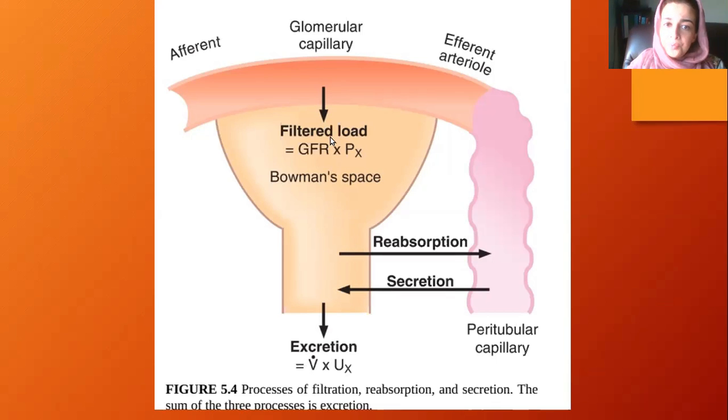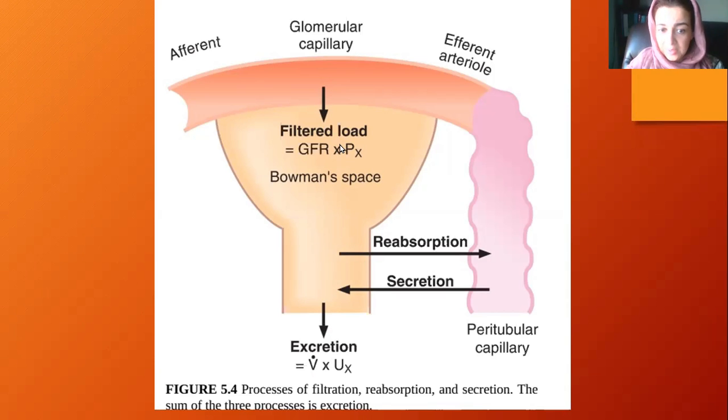Now, if no absorption and no secretion takes place, then obviously the filtered load of the substance in question will be the same as the excretion rate, because nothing will change with regards to that particular substance. But if that substance is reabsorbed, then obviously its excretion would be reduced as compared to the filtration.